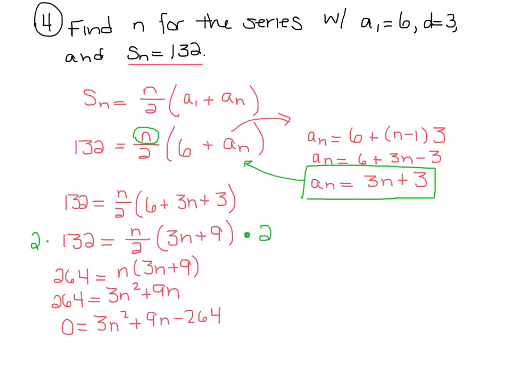Seeing that 3 and 9, I'm going to see if the GCF is 3. And thankfully 3 does go into 264, giving me 0 equals 3 times the quantity of n squared plus 3n minus 88.